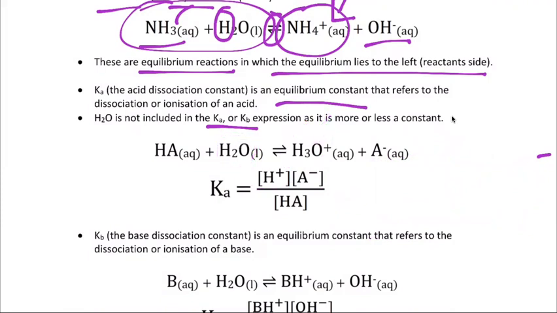If you know Ka and two of the concentrations, you can plug that in, rearrange the equation, and solve for your missing concentration. And so those are some of the calculations you're going to do. Sometimes you'll calculate Ka. Sometimes you might be asked to calculate the pH. And if you're calculating the pH, basically you're going to have to solve for this hydrogen ion concentration here and then take the negative log of that value to get the pH. Okay.